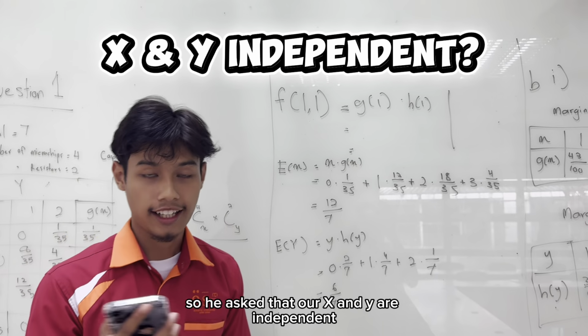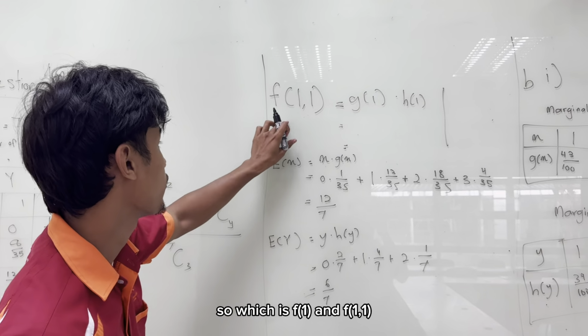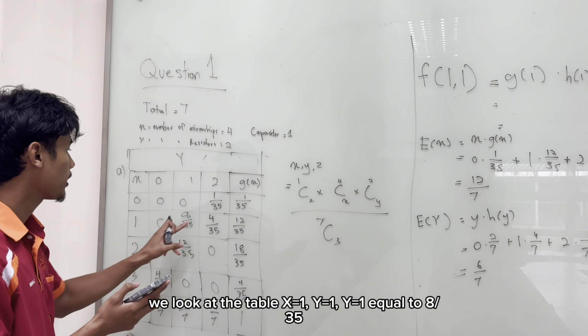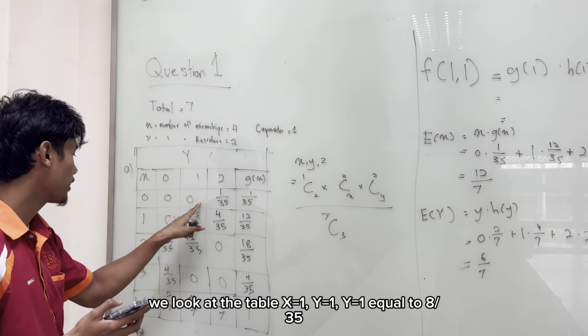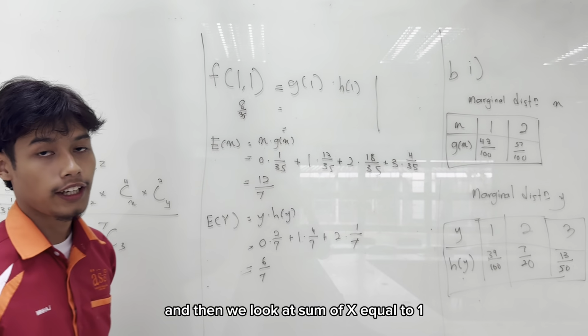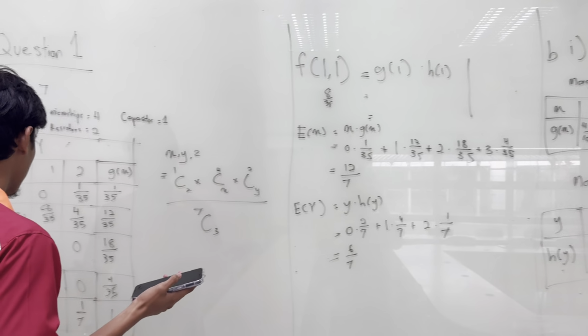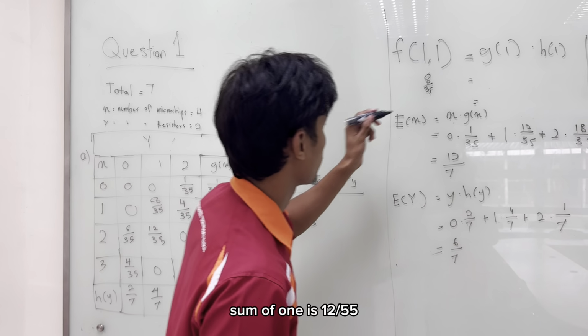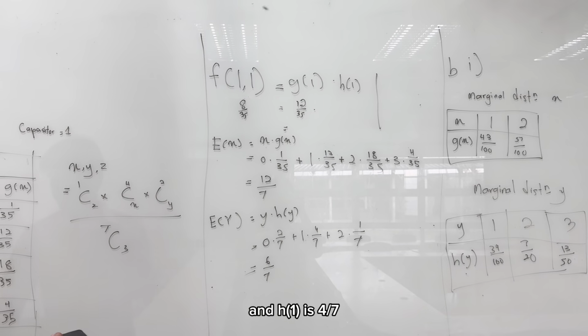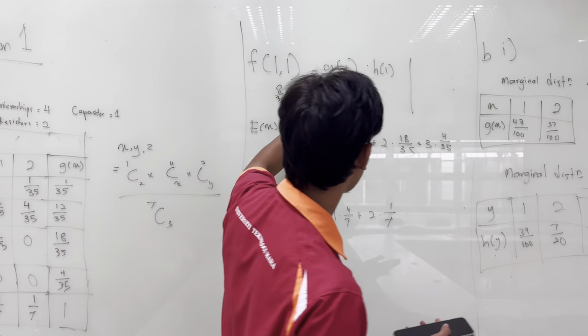He asked whether x and y are independent. So we look at f1 and gx at 1 and hy at 1. We look at the table: x1, y1 equals 8/35. And then we look at the sum for x equal to 1, which is 12/35, and h1 is 4/7.